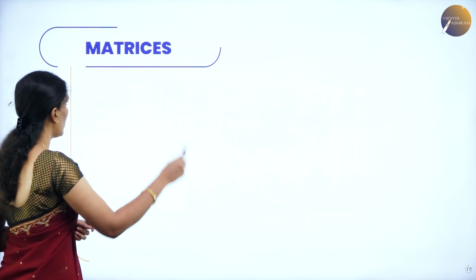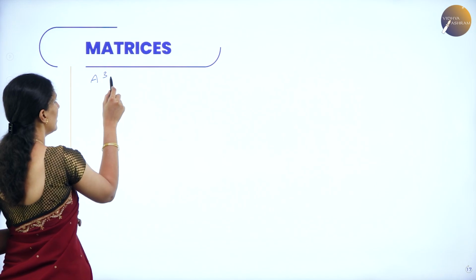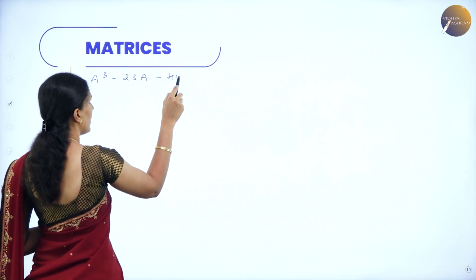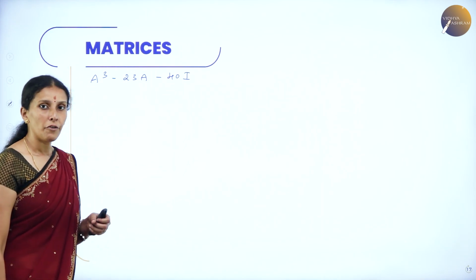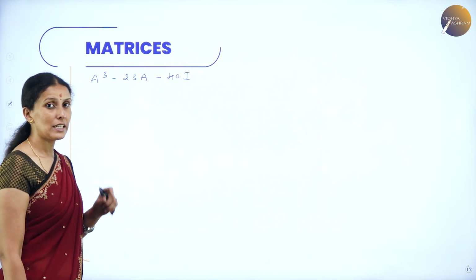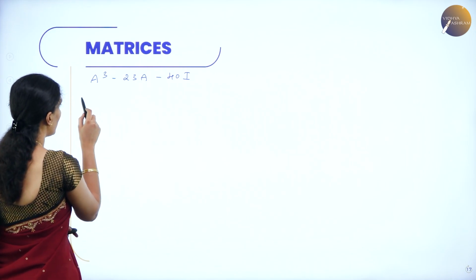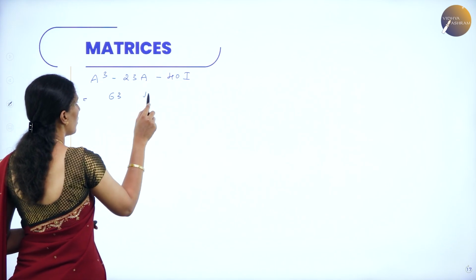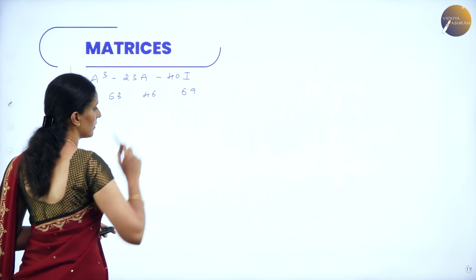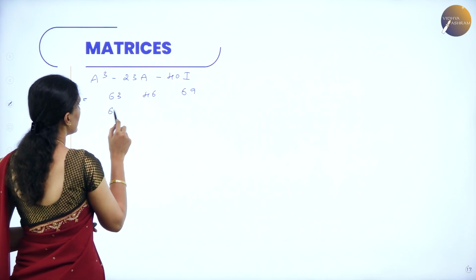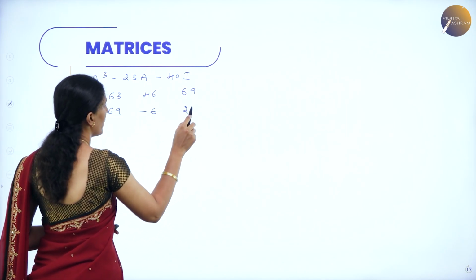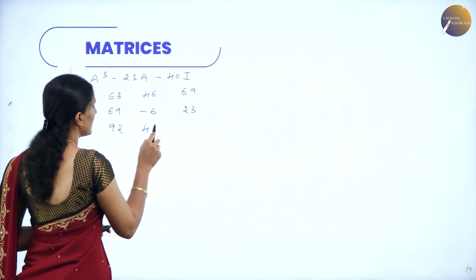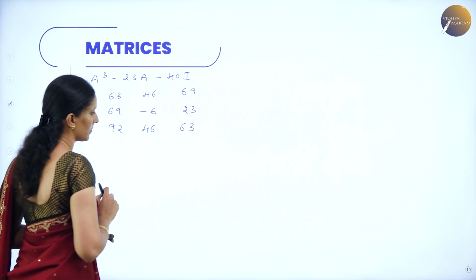Now let's consider the equation. So the equation we have here, A cube minus 23A minus 40I. Now we have to show that the resultant matrix is a null matrix. So what is A cube we got? So A cube is 63, 46, 69. 69 minus 6, 23. 92, 46, 63.